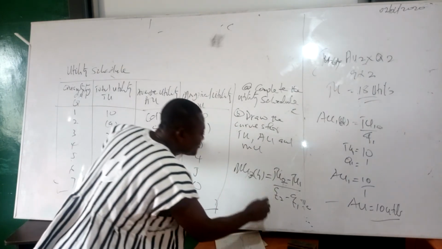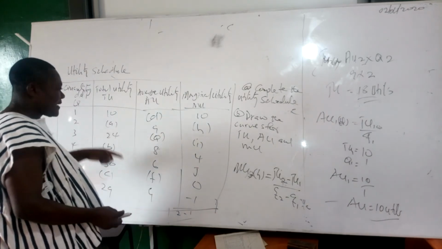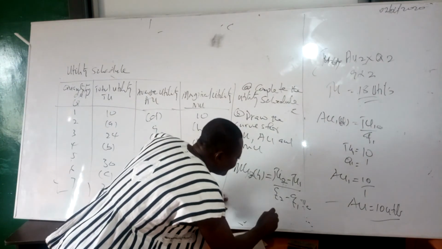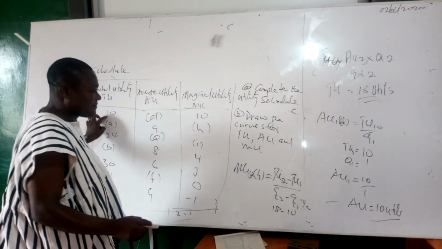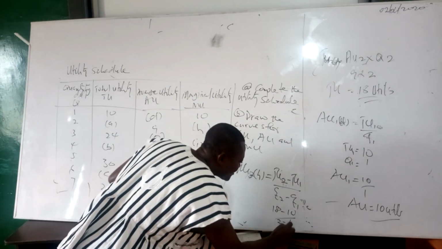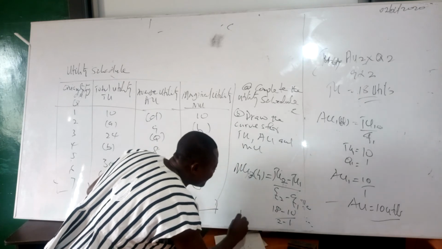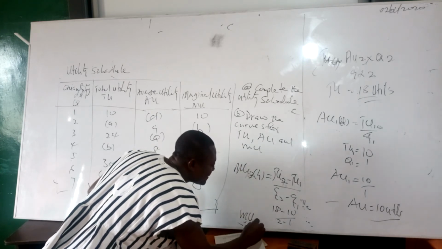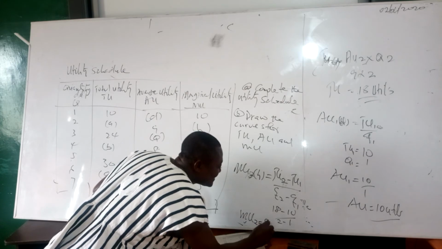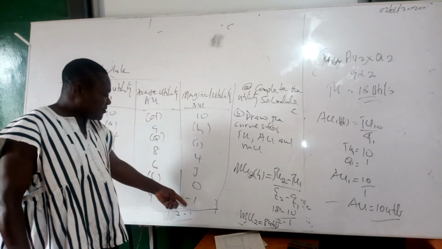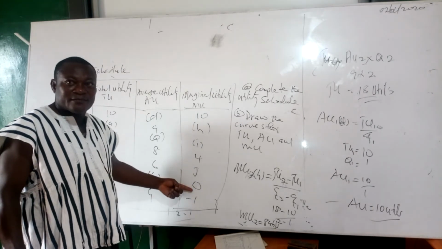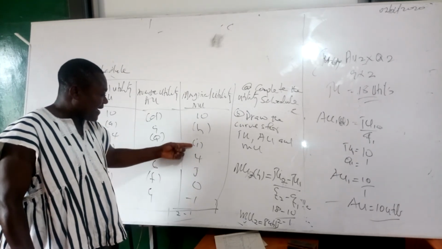Total utility 2, according to our calculation, is 18. So 18 minus 10 over 2 minus 1, which of course gives marginal utility 2 as 8 utils. You follow it up to calculate the rest of I and so on.